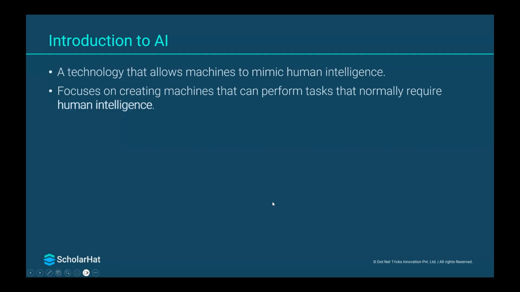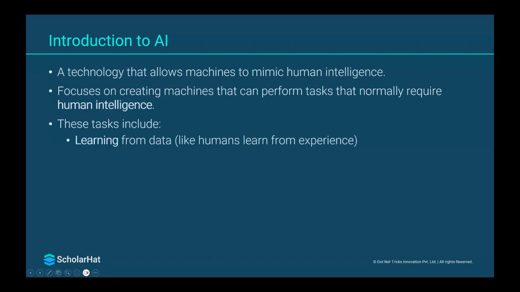The machine can take decisions. Using AI, our focus is on creating machines that can perform tasks that normally require human intelligence, like learning, taking decisions like a human, and having reasoning capability. Ultimately we need to train the model with the help of data, and only then can the machine take decisions.